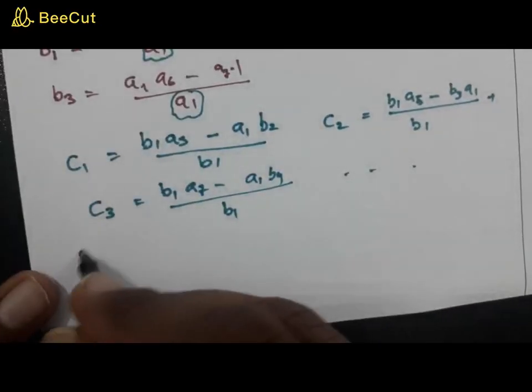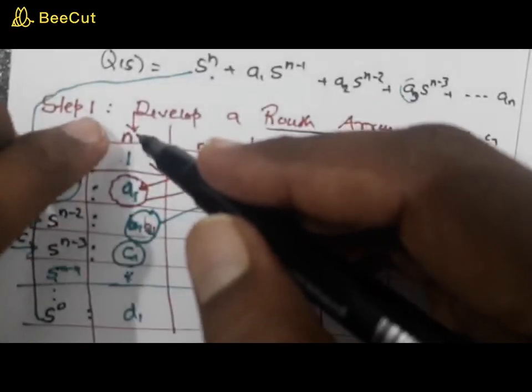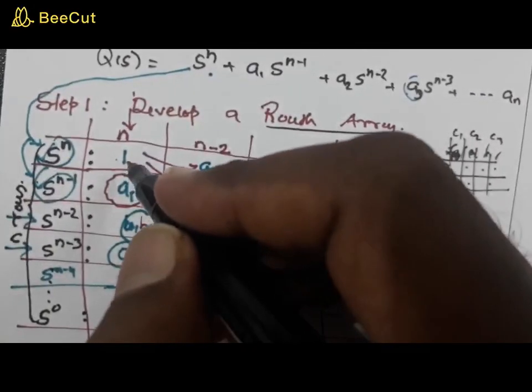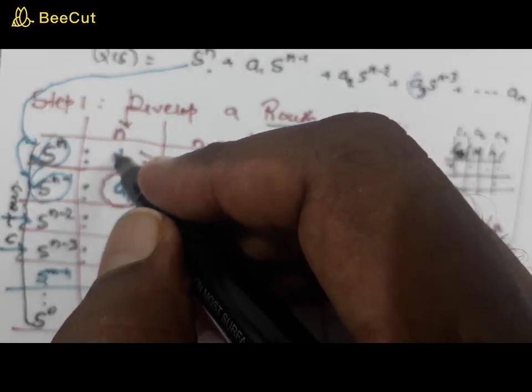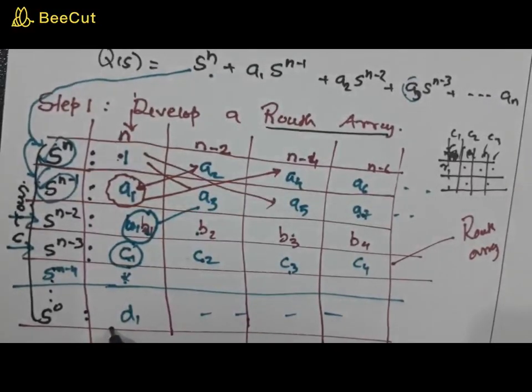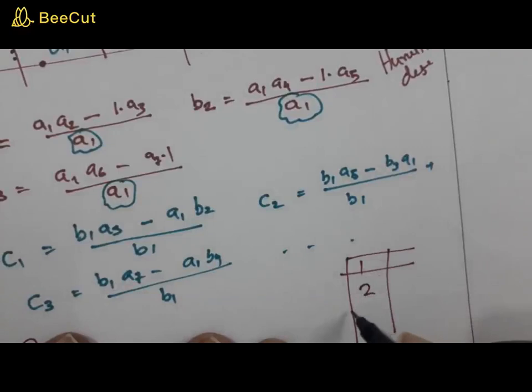Based on this, you have the RH criterion, and what it says is, after developing this Routh array, just go to the first column and see if there are any sign changes as you go from top to bottom. What is the meaning of the number of sign changes?